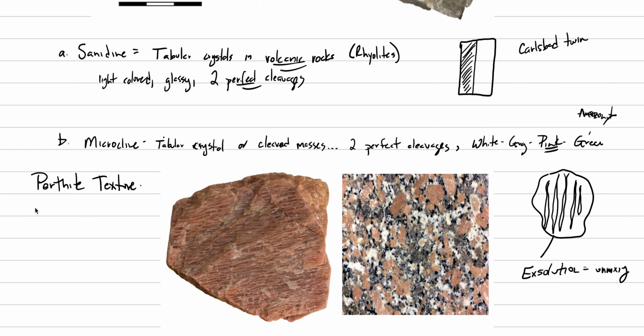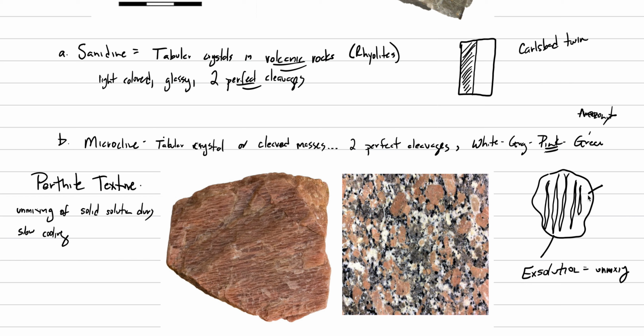And let's try to put this down as a formal definition. It is a texture that forms by unmixing of solid solution during slow cooling. The stripes are a slightly different composition of feldspar than the main material.